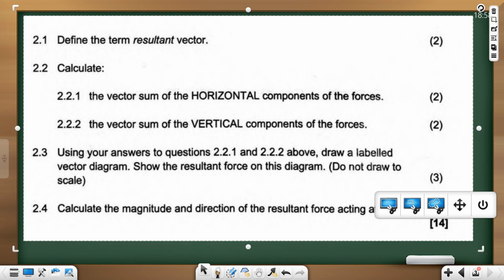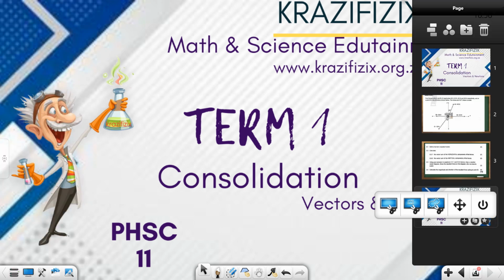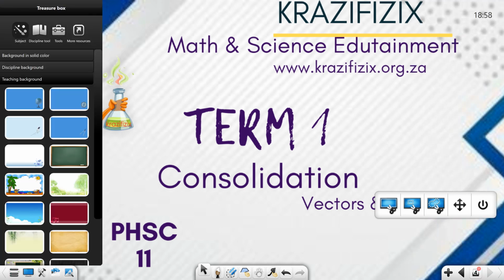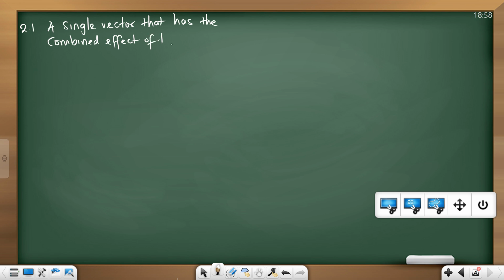A resultant vector is a single, you must put the word single, a single vector that has the combined effect of 2 or more vectors.